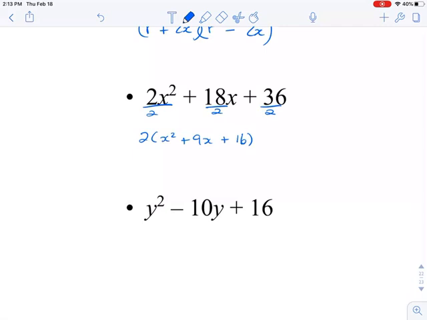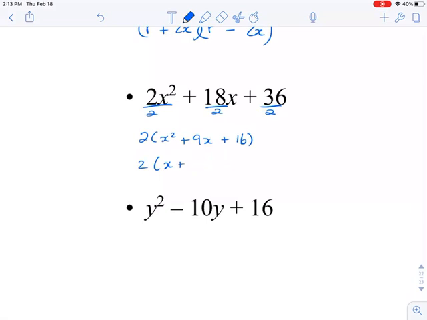But if we were to do that, so x plus 4, x plus 4, when we expand, x times 4 is 4x, so our outer product is 4x, and our inner product is also 4x. Well, there's no way we're getting to positive 9x using 4x and 4x, so it's not going to be a perfect square trinomial. So we've got to try something different.